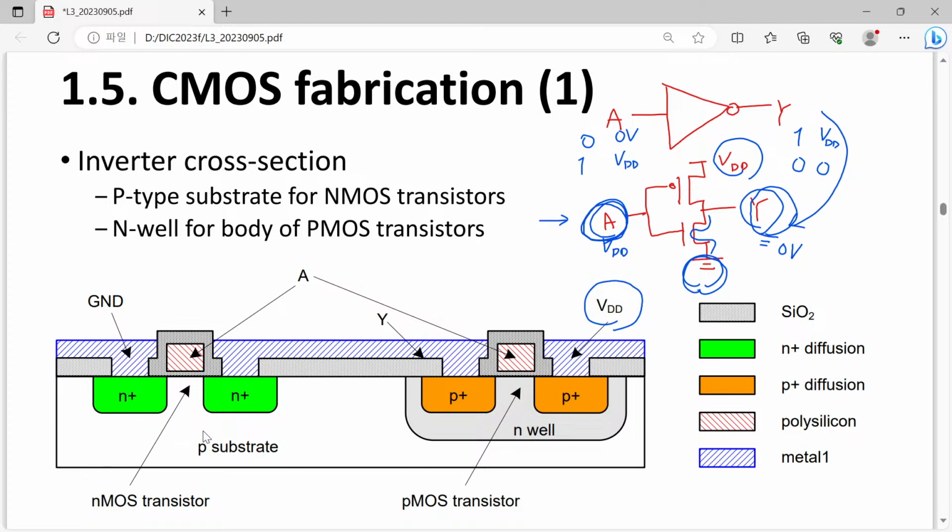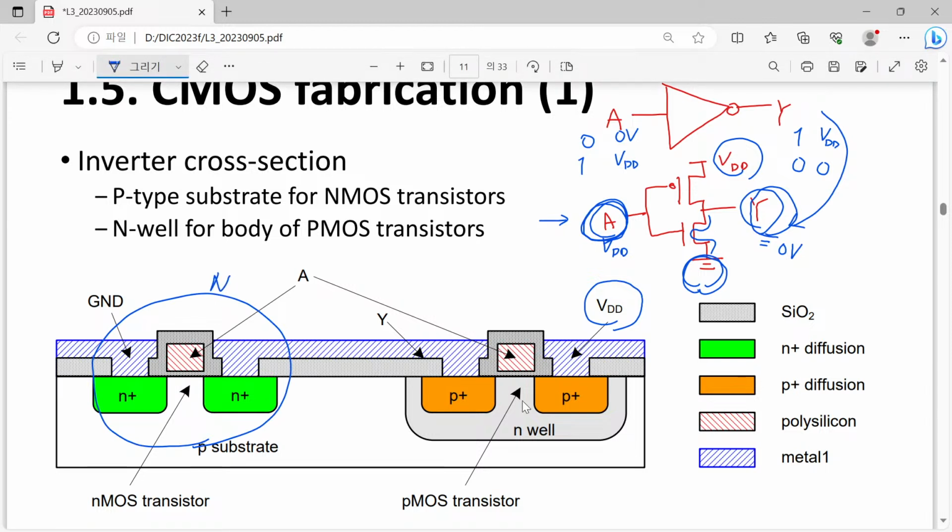So you can see that here you have your N MOSFET and here you have your P MOSFET. Please have a look at it. Here we have gate and here we have substrate, and one is regarded as source and one as drain. Then please check whether our cross section corresponds to the schematic.